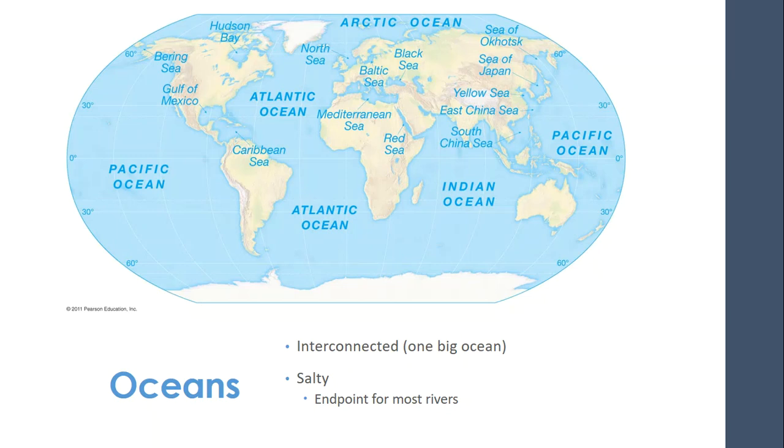Some flow into endorheic basins, and again, we'll talk about endorheic basins in a minute, but it is that endpoint for most rivers. And so those minerals accumulate, and that's why our oceans are salty, which is good for all the wildlife that lives there, not really good for us for drinking, and we'll talk about desalination a little bit later in this chapter.